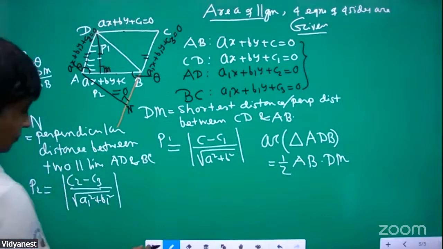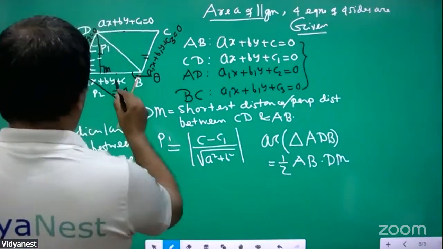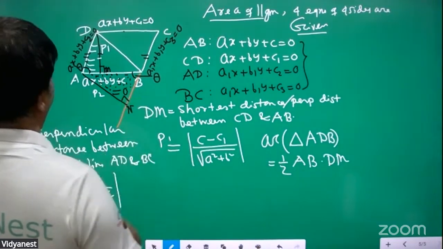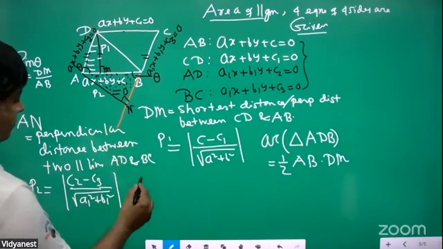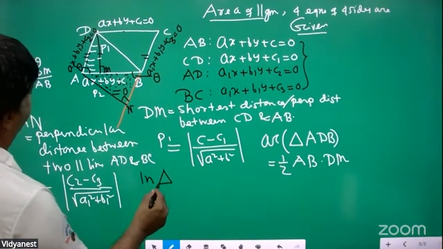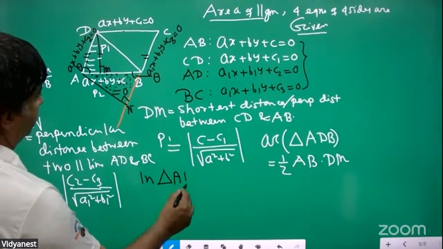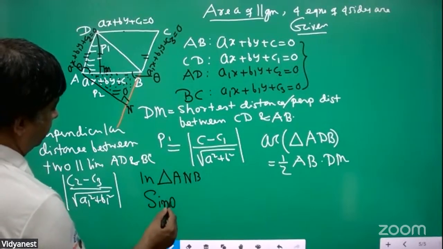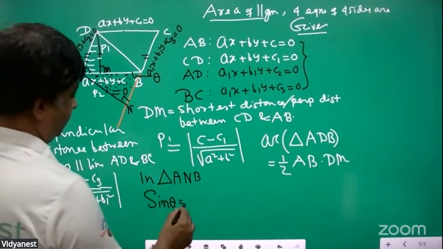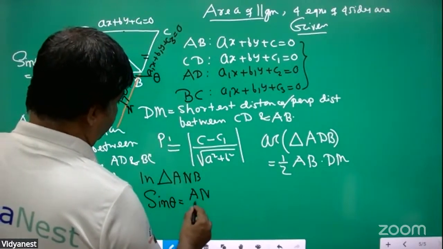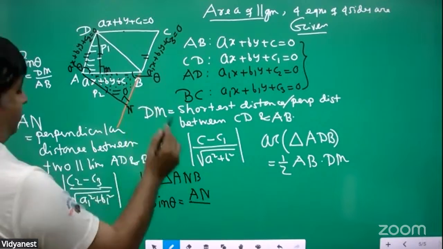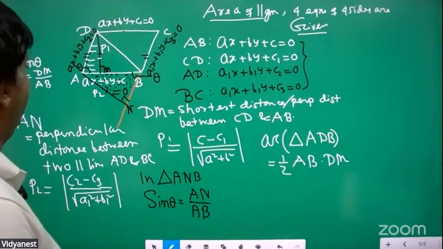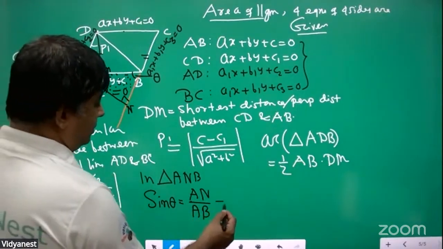Or if you consider this shaded triangle, in triangle ANB, sin theta is perpendicular by hypotenuse. Okay. What is N? N is nothing but P2.